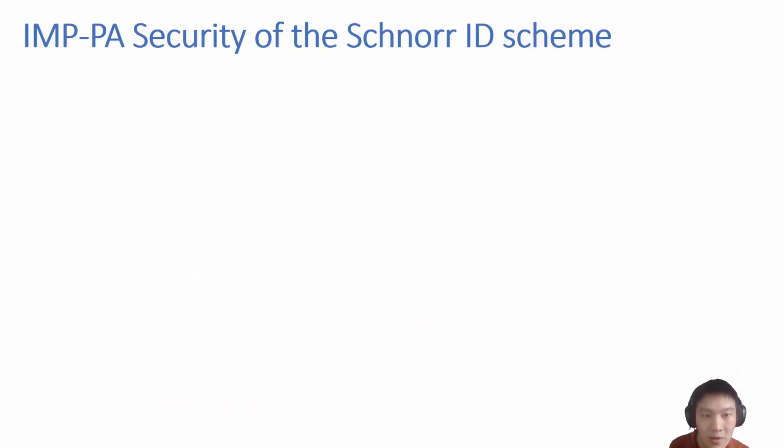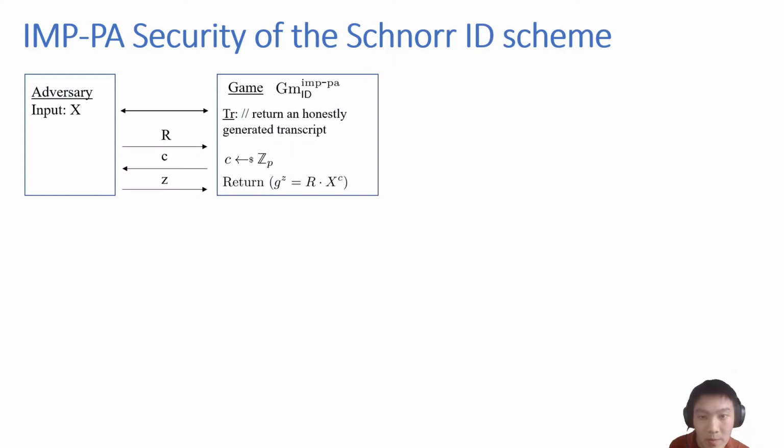Security against impersonation under passive attack requires that a prover cannot impersonate if it is only given passive access to transcripts. In particular, it is modeled as a game, in which the adversary submits a commitment R, gets back a challenge c, and to win the game, the adversary needs to provide the correct response z.